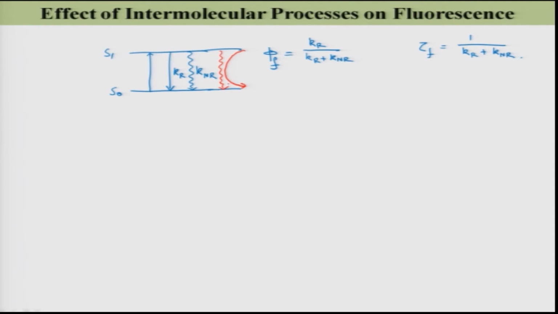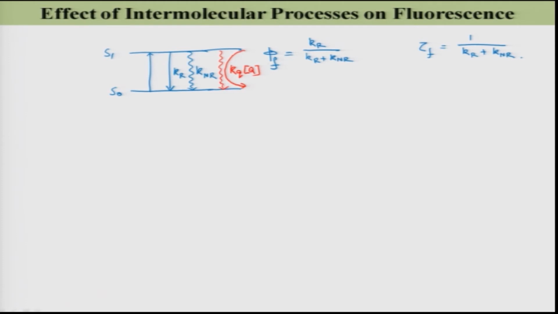If there were emission of a photon, the fluorescence intensity would not decrease. Since the fluorescence intensity is decreasing, this is a non-radiative process, and it depends on the quencher concentration. So I write this as k_q into Q. This is another pathway by which the molecules come back from the excited state to the ground state.